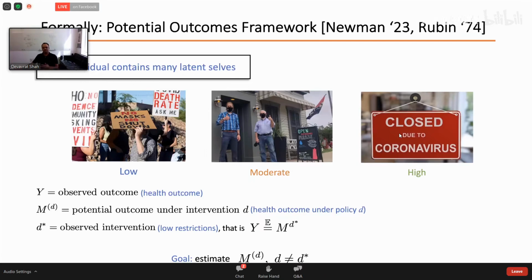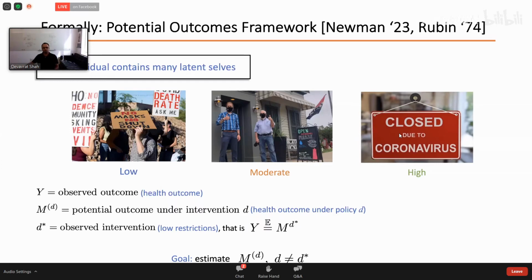Effectively, what it says is that every unit, every country, every individual has multiple different latent states, and depending on different interventions, one shows each of these different latent states corresponding to those interventions. For example, in our scenario, there might be 3 different latent states of United States.